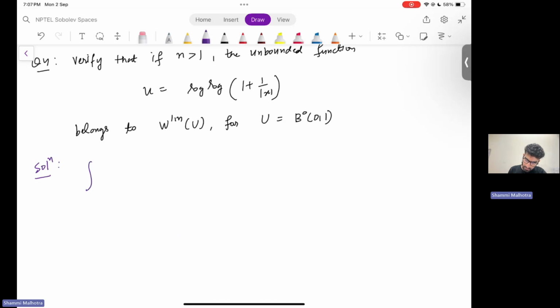So the integration of mod u of x dx is nothing but the integration of mod of log of 1 plus 1 upon mod x dx, and since this is n, I have to take the whole power n.